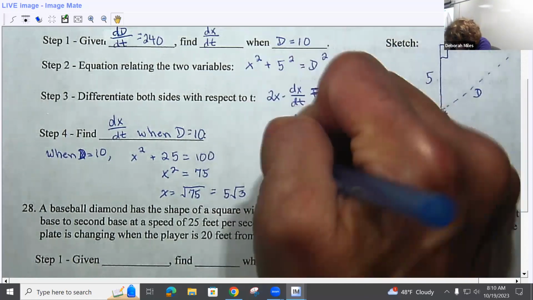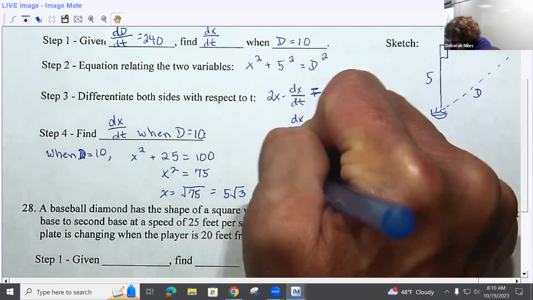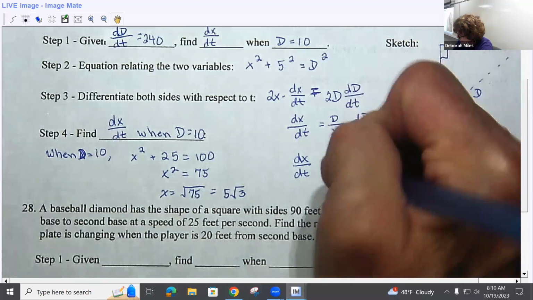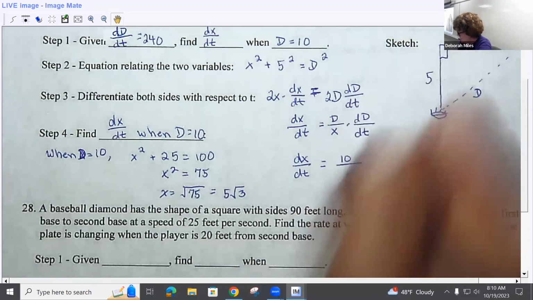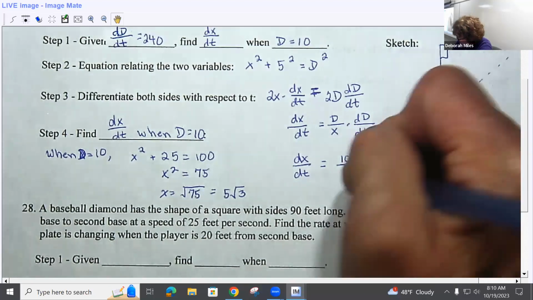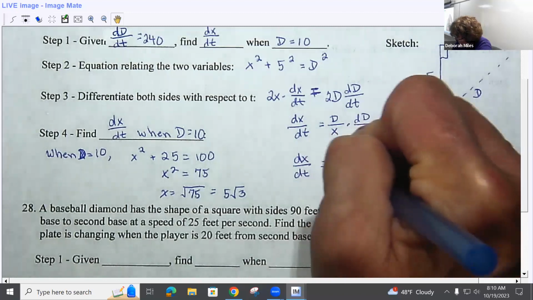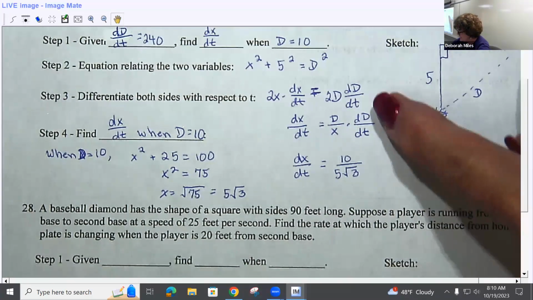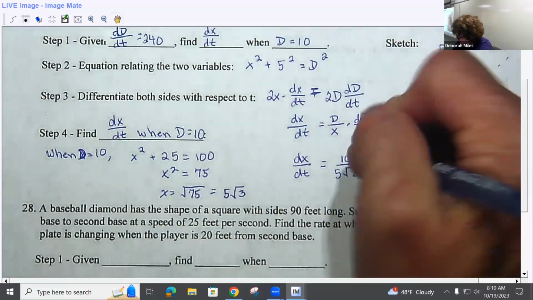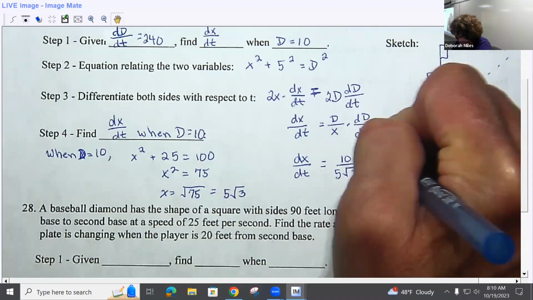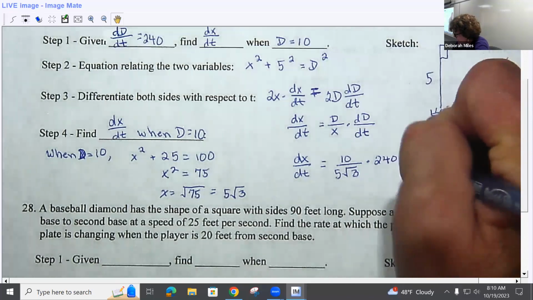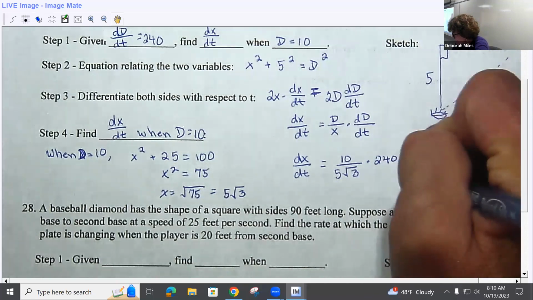So now I'm ready to find the speed of the plane when d is 10, x is 5 square root of 3, and the rate of change in d with respect to t is 240. That ends up being 480 divided by the square root of 3.